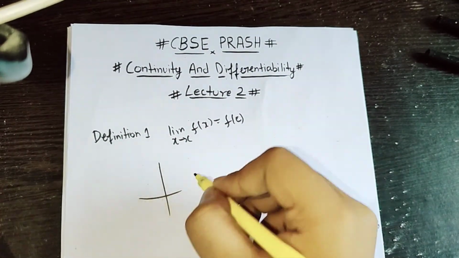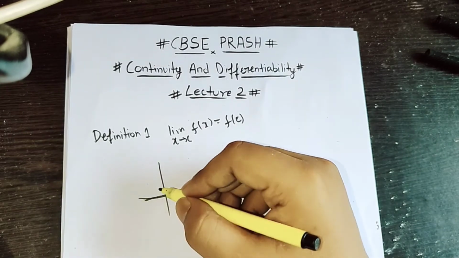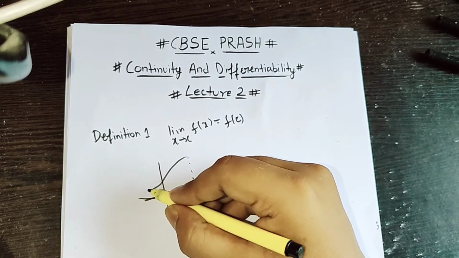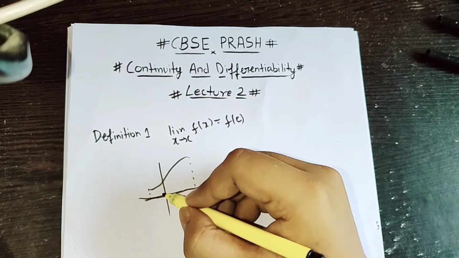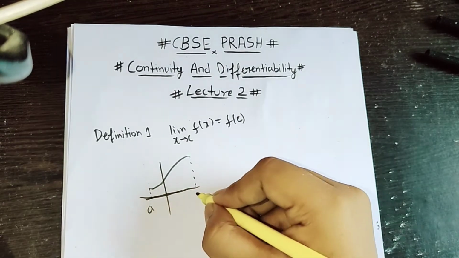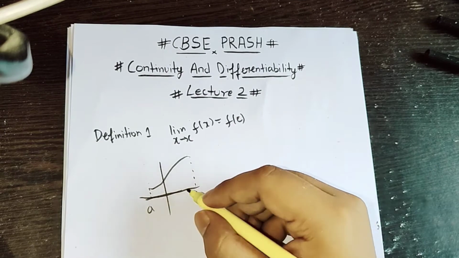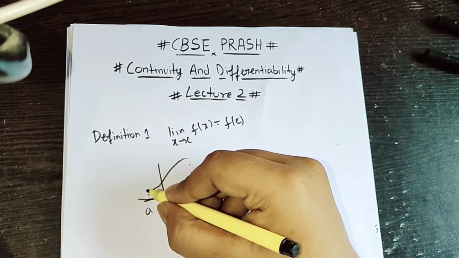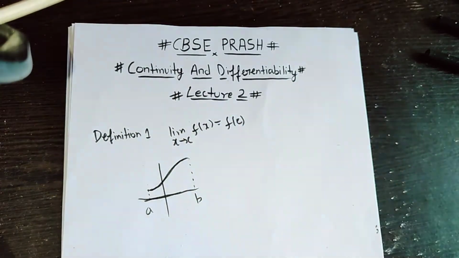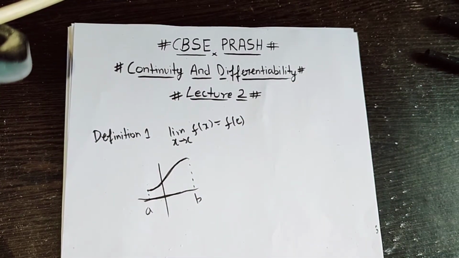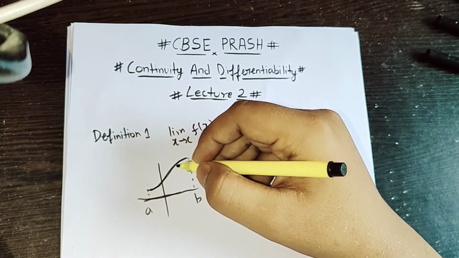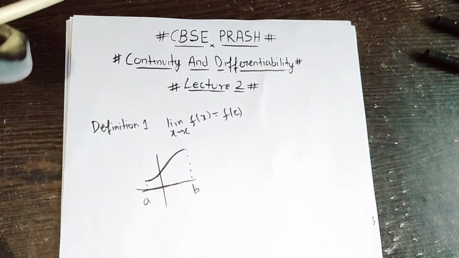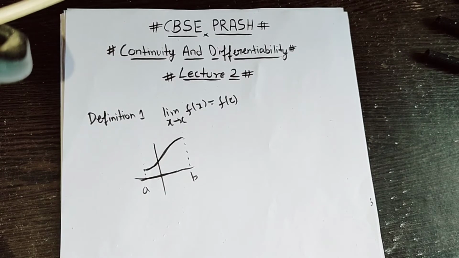A function is defined in its domain, let's say the domain is a to b, and it is said to be continuous if it is continuous in the entire range. So there should be no discontinuity at a single point. So that was definition 2.